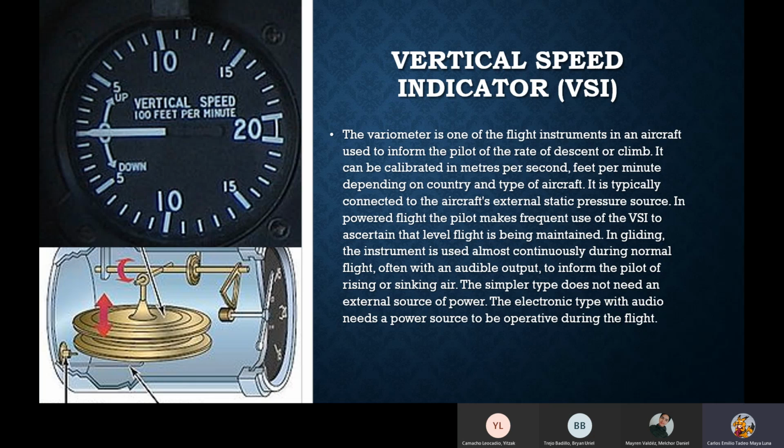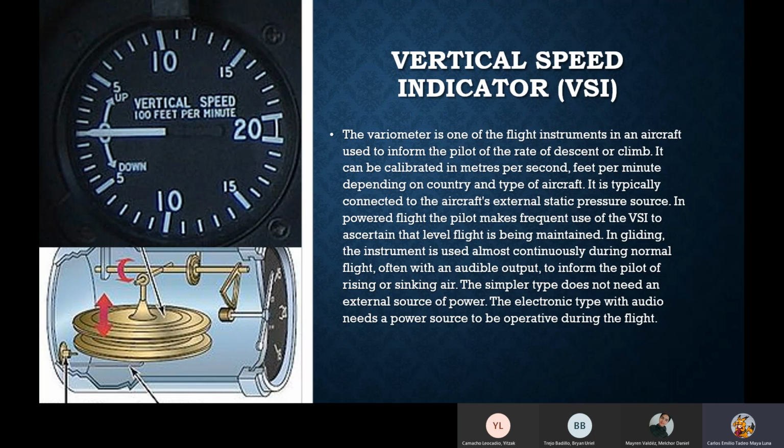Well, I continue with the vertical speed indicator, the VSI. The variometer is one of the flight instruments in an aircraft used to inform the pilot of the rate of descent or climb. It can be calibrated in meters per second or feet per minute, depending on country and type of aircraft. It is typically connected to the aircraft's external static pressure source.